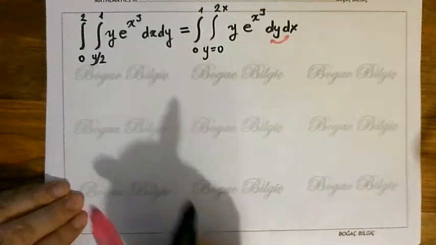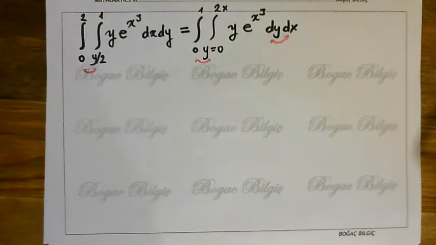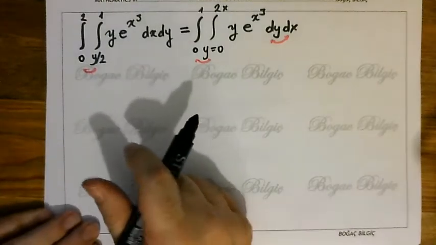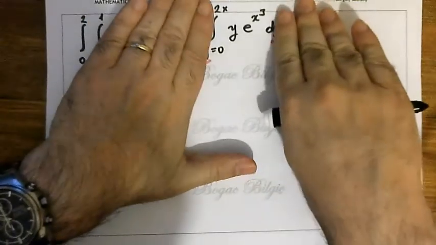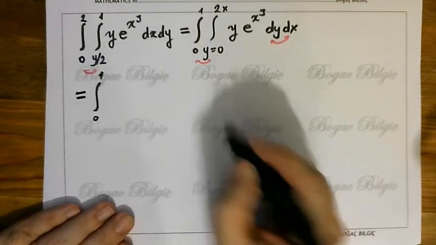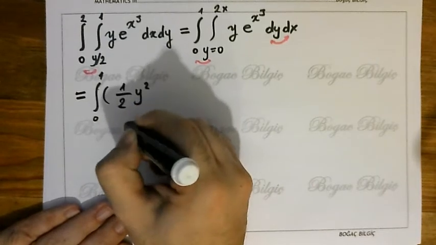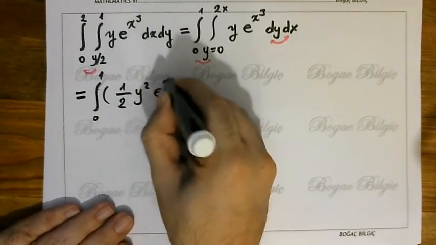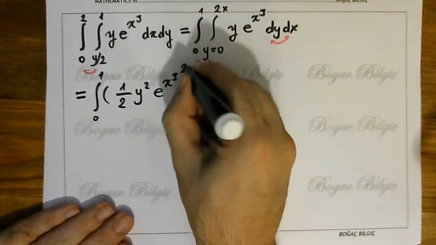Please pay attention to this. Now we integrate this integral: from 0 to 1, one half y squared e^(x^3), evaluated from 0 to 2x.